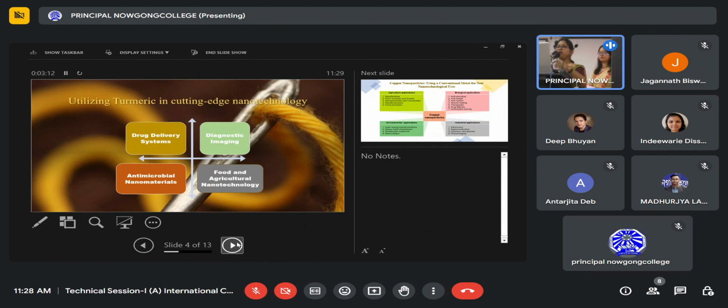And for food and agricultural nanotechnology, turmeric nanoparticles have been studied for their potential applications in food preservation, packaging, and agricultural products, which can enhance the delivery of bioactive compounds in agricultural formulations, such as pesticides, fertilizers, and plant growth regulators. So overall, turmeric-based nanotechnologies are promising for a wide range of industrial and agricultural applications.